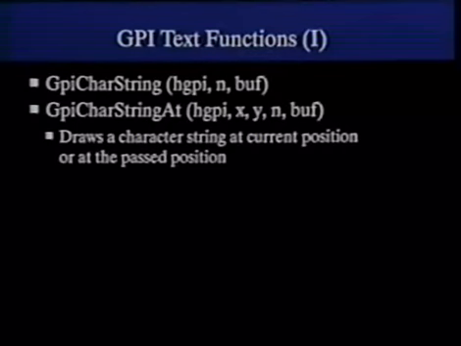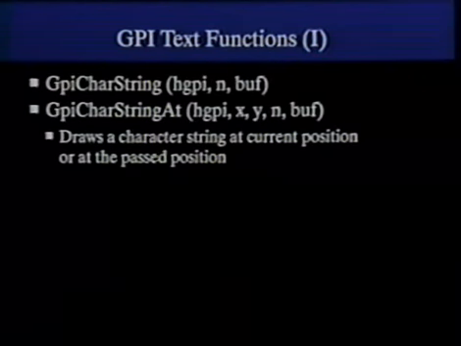Finally, when you set up all the attributes of both fonts and characters, you might actually want to use them, and you might want to place a text string at a location using the current position or providing a new position. Basically, you choose the text char string or the text char string at, and give us the number of characters and a buffer filled with the indexes for those characters.